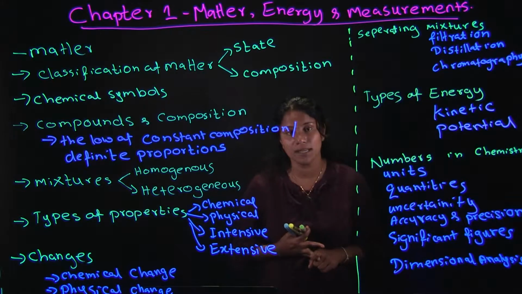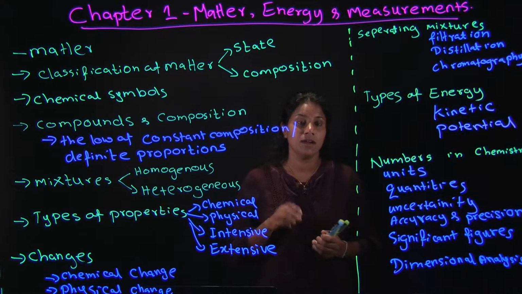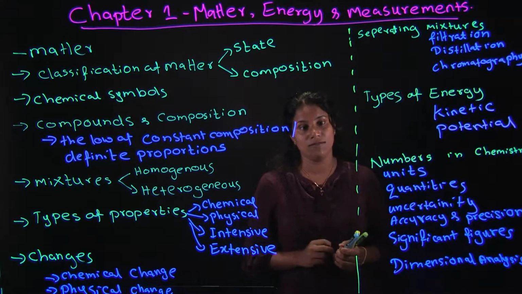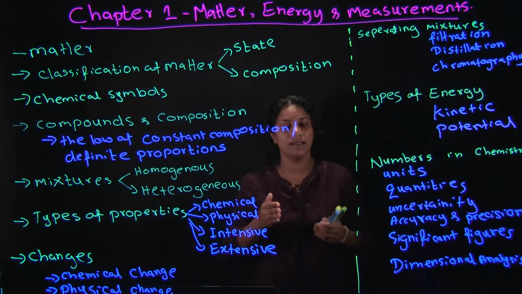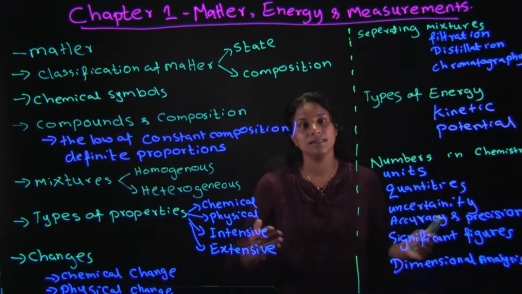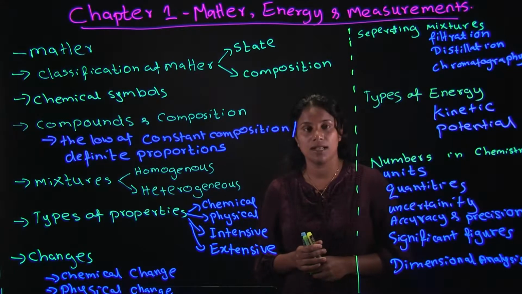You need to know what accuracy is, what precision is, significant figures, rules for assigning significant figures, and also scientific notation, how to give an answer in scientific notation. And the last part is dimensional analysis.